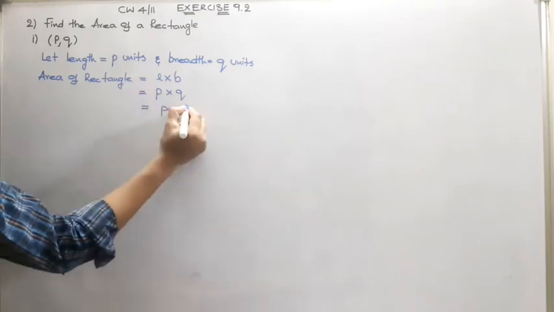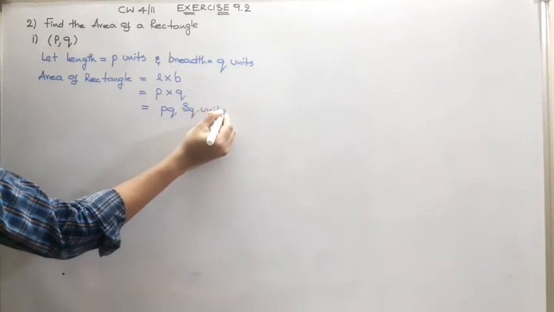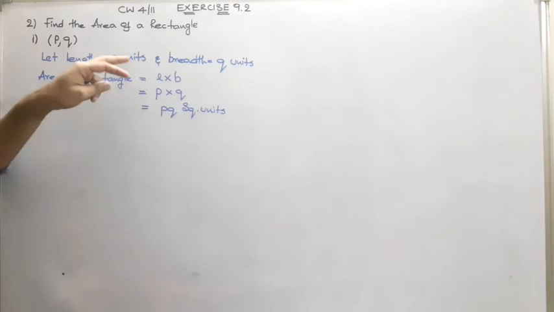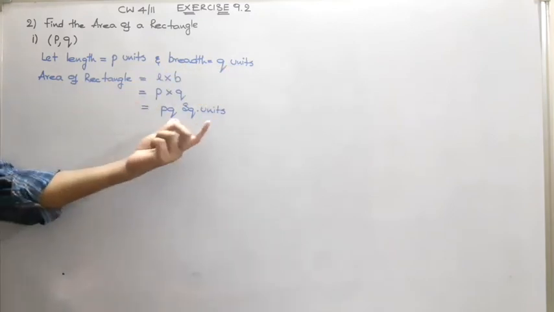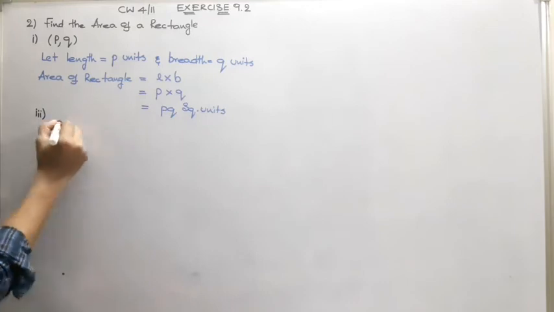As it is an area, we have to write as square units. Okay. If they gave here p centimeters and q centimeters, we'll get pq square centimeters. That is the process. And I want to deal third question of this second Roman. So the rest of the questions are going to be your homework.